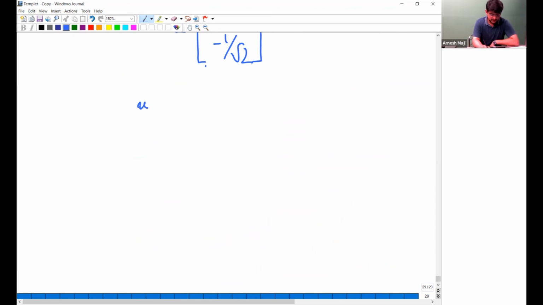Now we will need to find U1, which will be in the direction of the same as AV1.